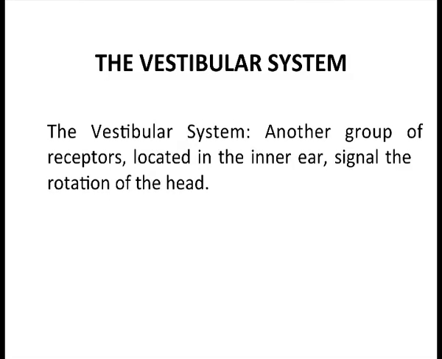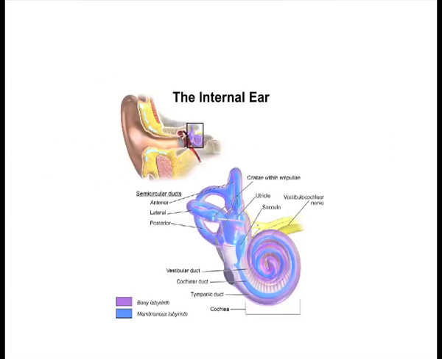Another group of receptors located in the inner ear signal the rotation of the head. These are receptors in the semicircular canals which are located within the vestibular apparatus of the inner ear. The three canals in the ear contain viscous liquid that moves when the head is rotated.